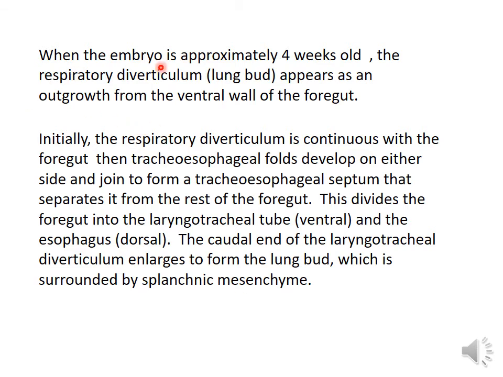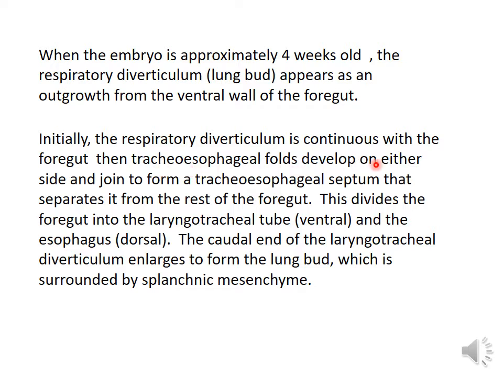Now, when the embryo reaches approximately 4 weeks of age, the respiratory diverticulum, or the lung buds, appear as an outgrowth from the ventral wall of the foregut. Initially, the respiratory diverticulum is continuous with the foregut. Then, folds arise which are named the tracheoesophageal folds.